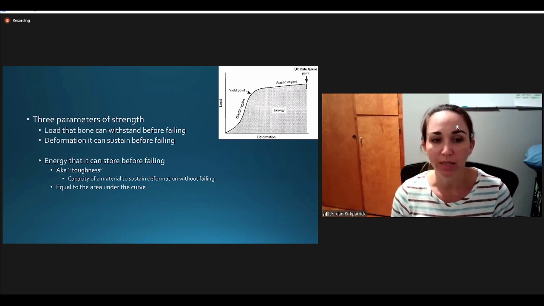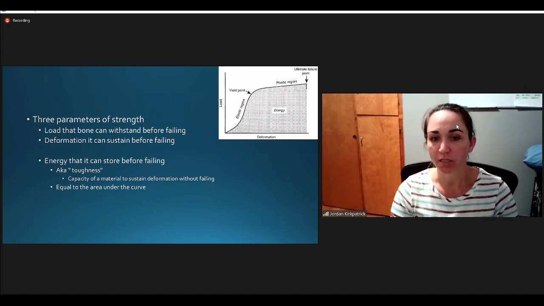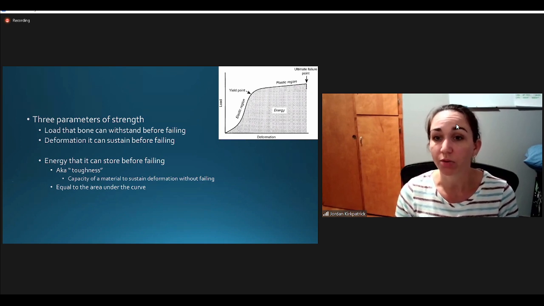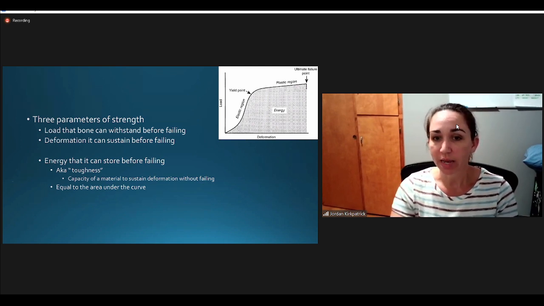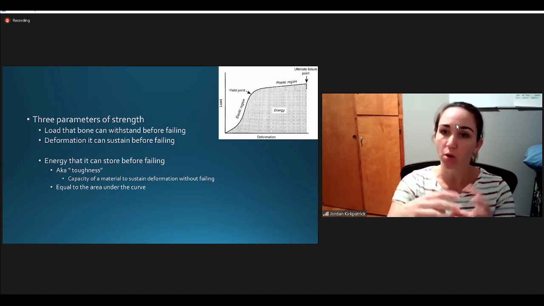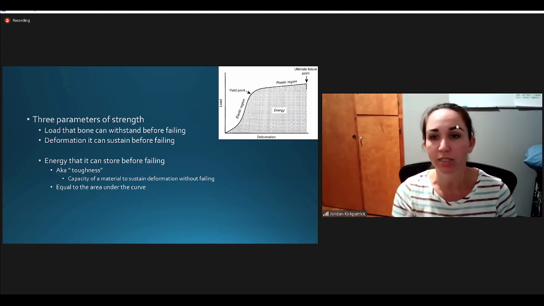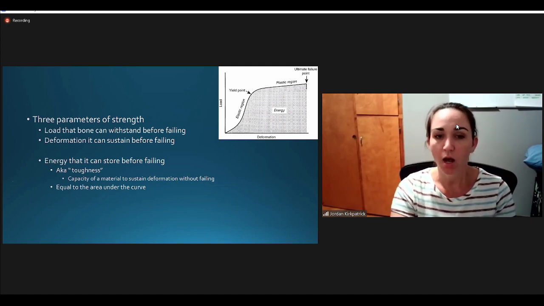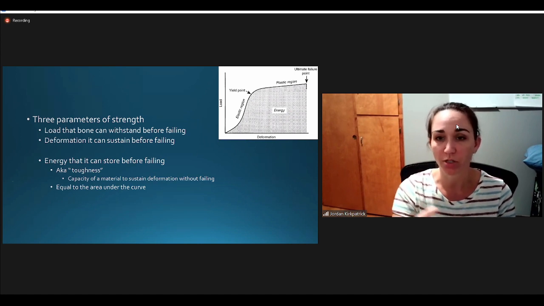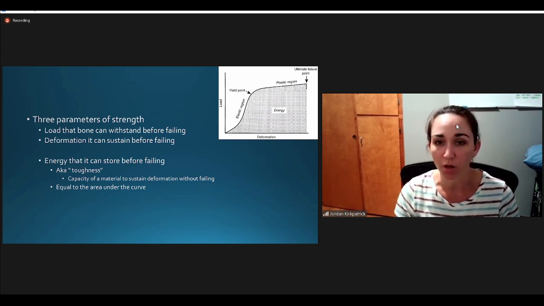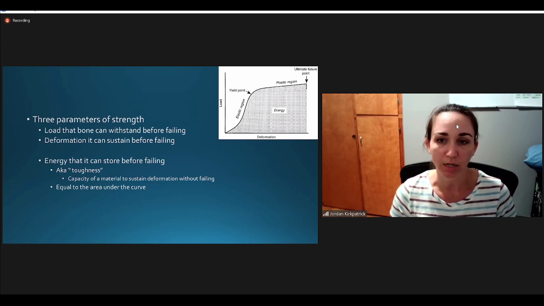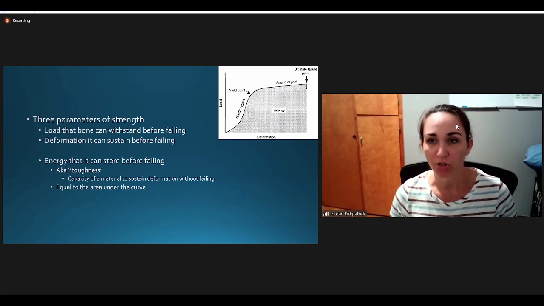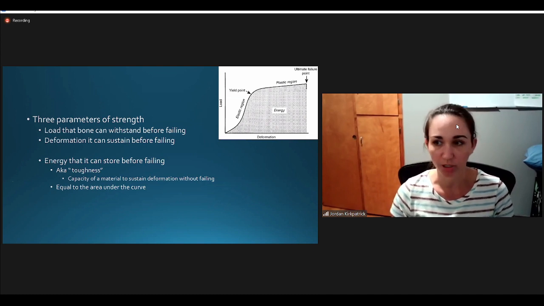That's basically the ability of a material to sustain deformation without failing. So again, there's some movement in the bone that changes as you're exercising and doing things. So it should have some deformation to be able to adjust to new loads, a new exercise and things like that, without fracturing. But it can get to the point where too much is done and then it does actually fracture.